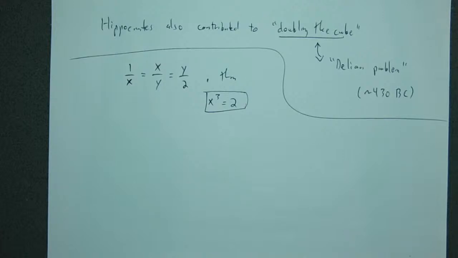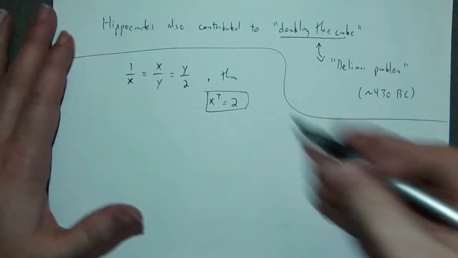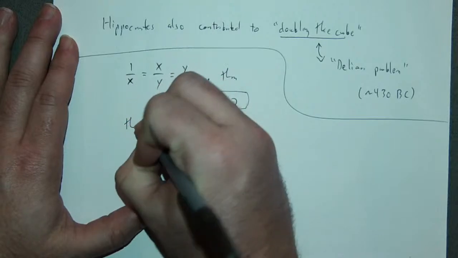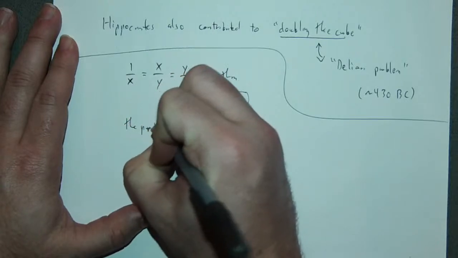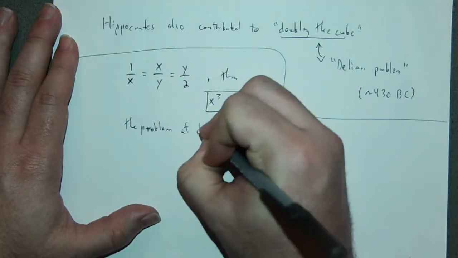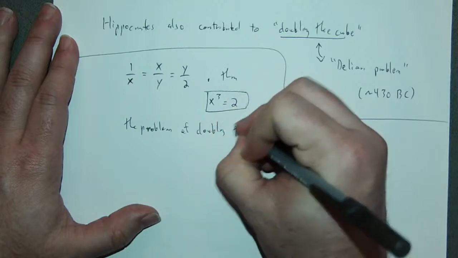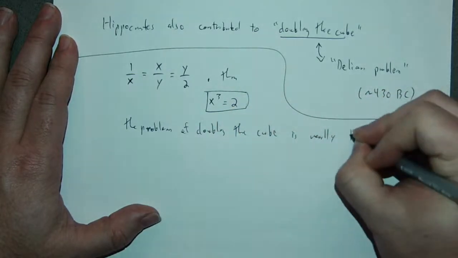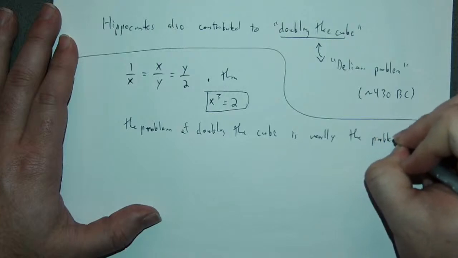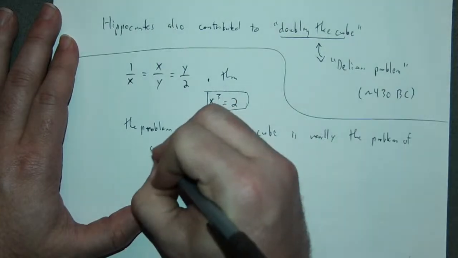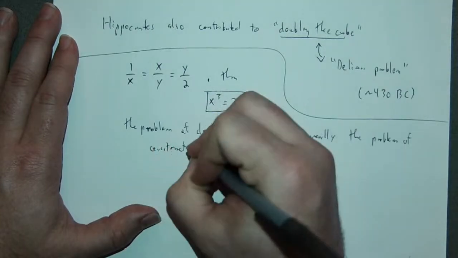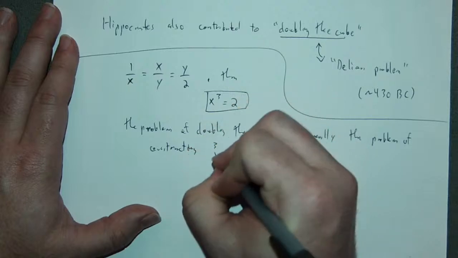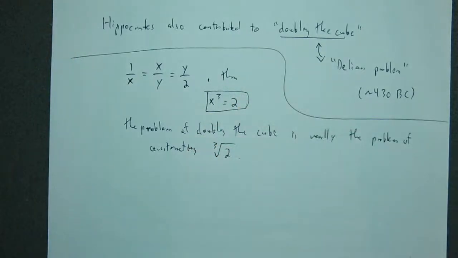Okay, and so the problem of doubling the cube is really the problem of constructing the cube root of 2. Okay.